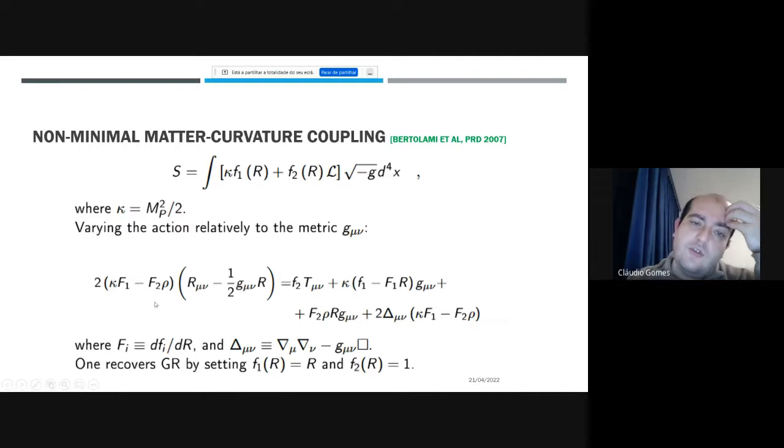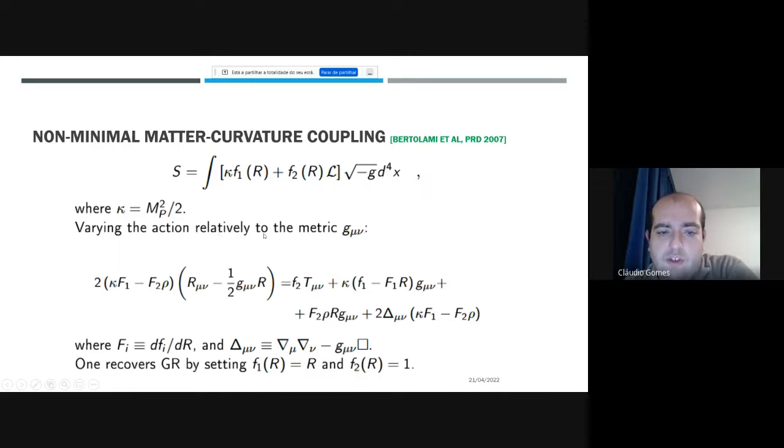So the idea is to generalize f(R) theories by including a non-minimal coupling with the matter Lagrangian. So there is this non-minimal matter-curvature coupling through the introduction of an arbitrary function of the scalar curvature, which could be different from this independent function here.